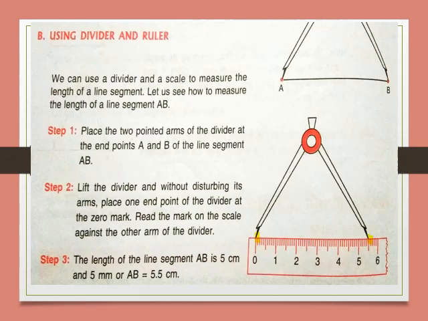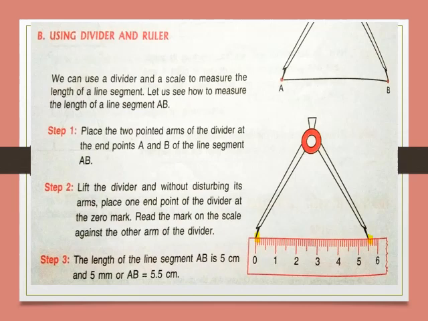Now lift the divider and, without disturbing its arms, place one end of the divider at the 0 mark. One arm of the divider coincides with the 0 mark. So you have to put the divider like this.